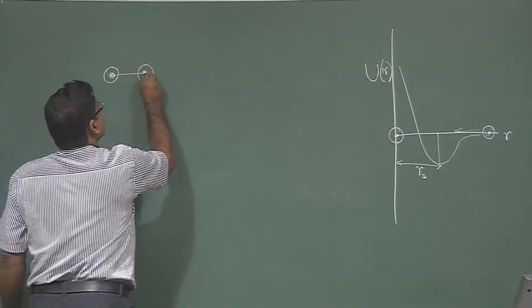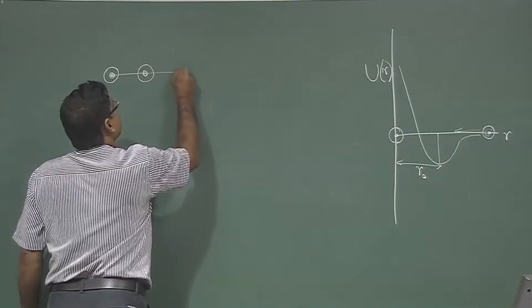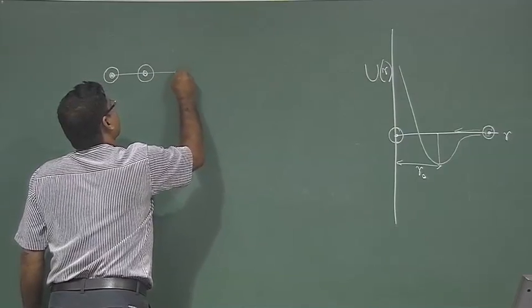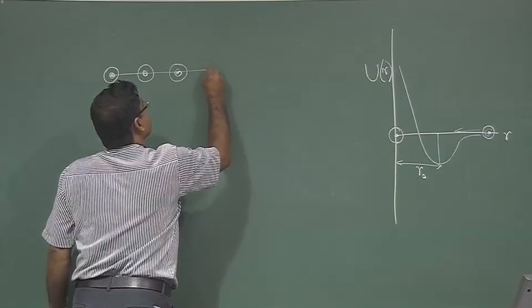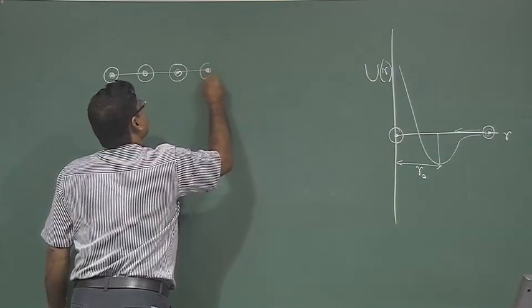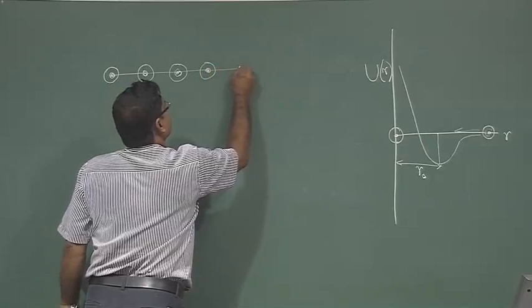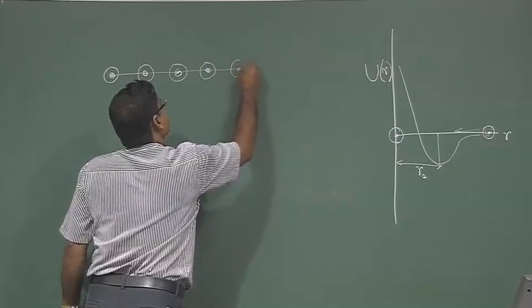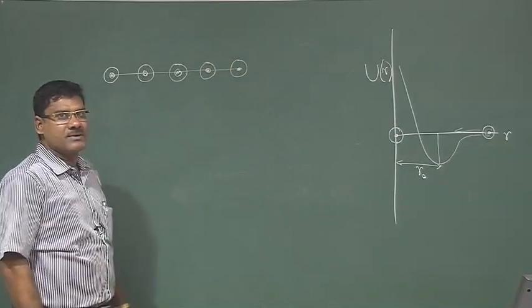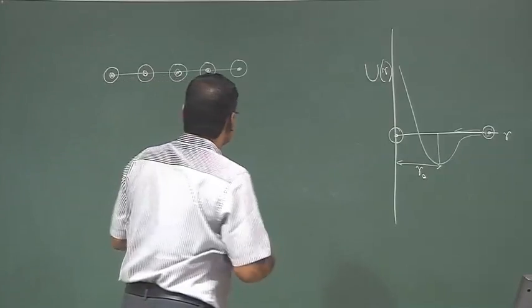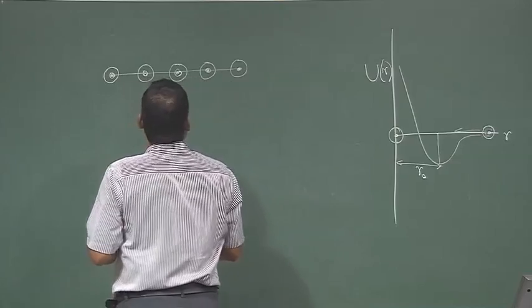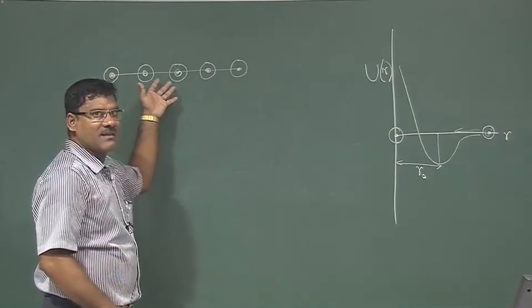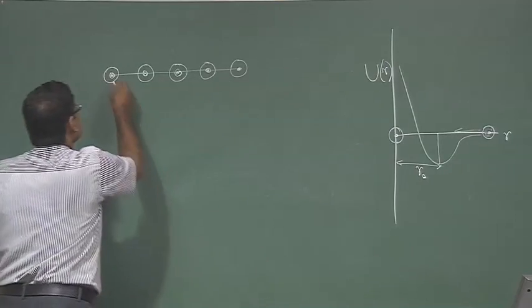So, next atom will come here, next will come here. So, this way atoms will be placed and the solid forms, arranging the atoms this way.